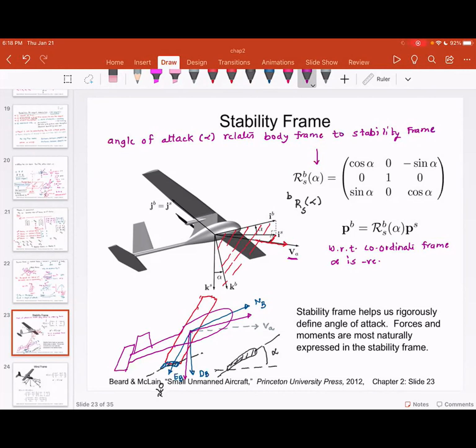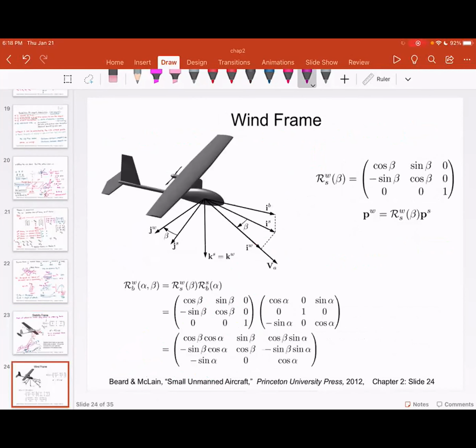So for that, let me show you the next frame that is called the wind frame. Now I want you to notice in the last slide, we assumed VA to be just in the plane, but now this VA is kind of directed inward. So you will notice that this VA makes an angle beta that is called the side slip angle.